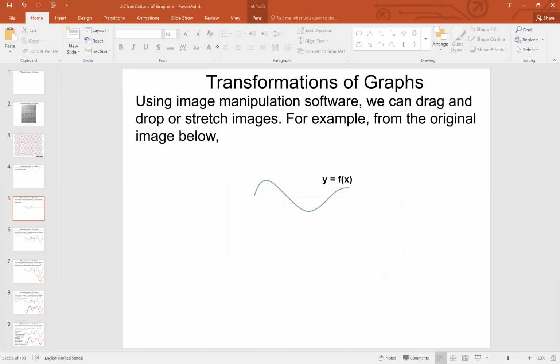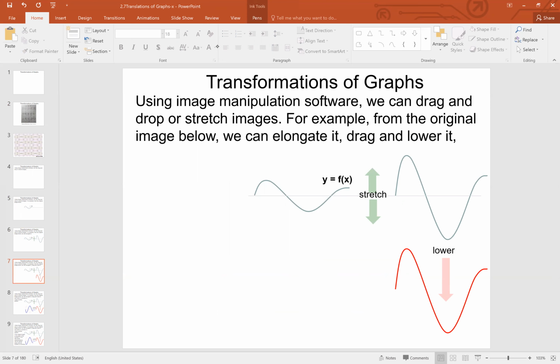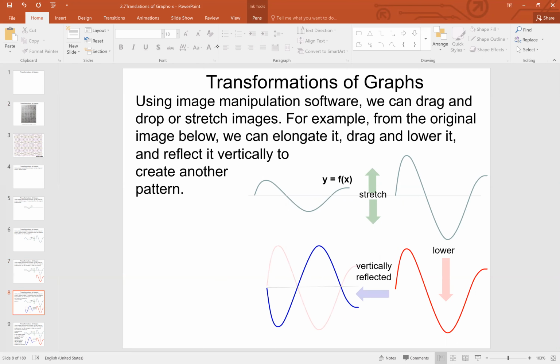So in basic software manipulation tools, you have all these very basic capabilities. I'm sure you all used it before. You can take a picture and stretch it on screen. I can move the pictures on the screen somewhere else, left and right or up and down, and I can flip it, reflect it if you like.